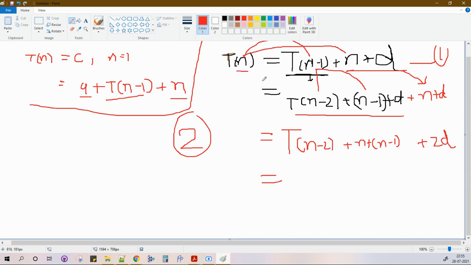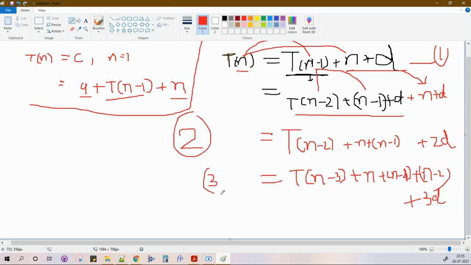So t of n minus 2, then I will have something like this: t of n minus 3 plus n minus 2. I need to copy it like this: n minus 2. So it is n, then n minus 1, then n minus 2 plus d. So d plus 2d would be 3d. So I am having something like this. Let's try to generalize it if we can. So this is the third recursive call. So what will happen at the kth recursive call?